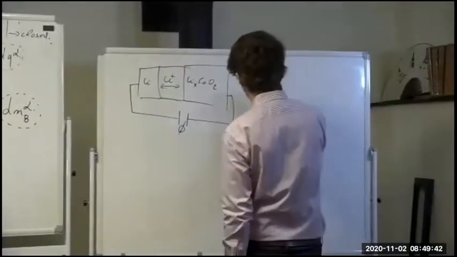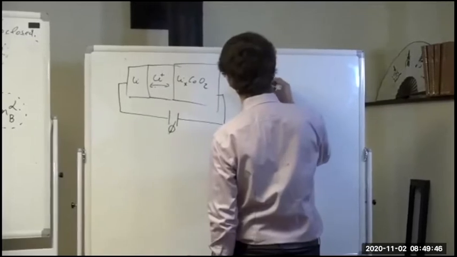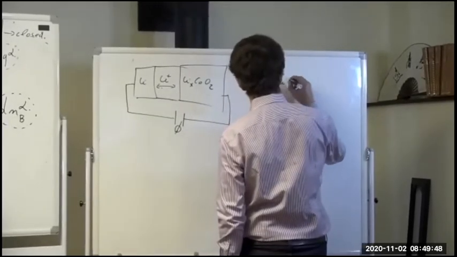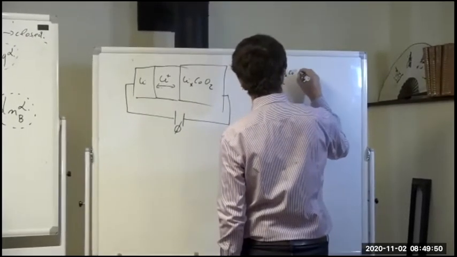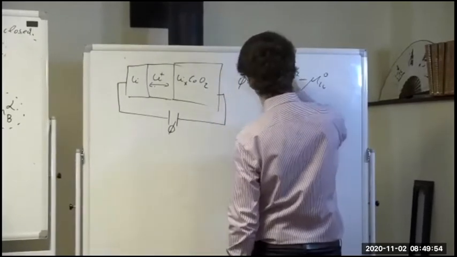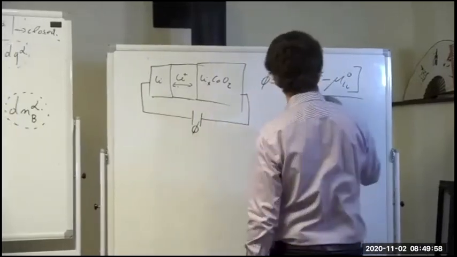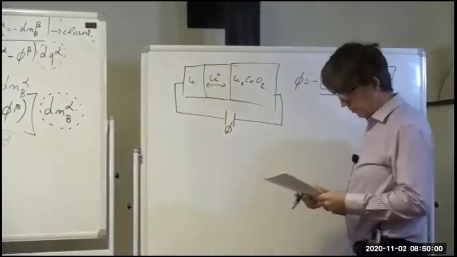And that potential difference is minus the chemical potential of lithium in lithium cobalt oxide, minus the chemical potential of lithium metal, that's the reference here, divided by ZF. Z in this case is 1, so just divide it by the Faraday constant.